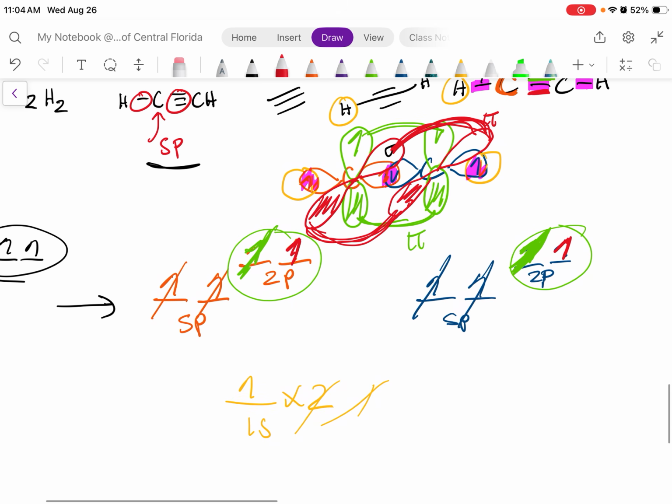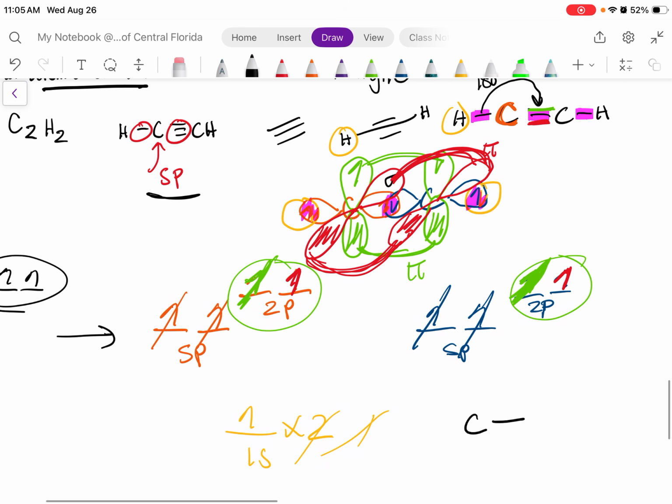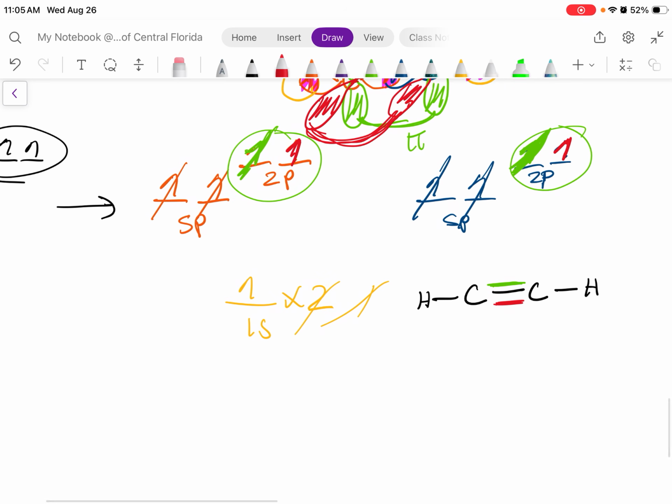So if we draw this again, we have our carbon. And this would be our sigma bond. Sigma. Sigma. Pi. And pi. So how would you describe the bonding for that bond right there?